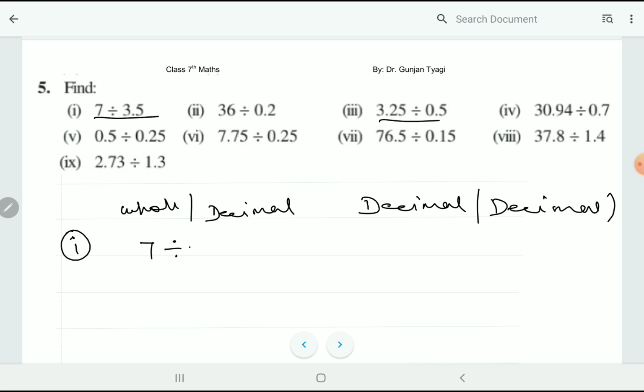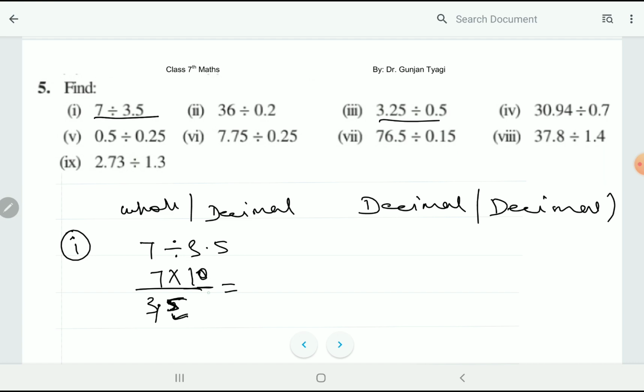7 divided by 3.5. First of all, write the question as a fraction, then remove the decimal by multiplying the numerator and denominator by 10 over 1. The number of zeros depends on the digits after the decimal, and as there is only one digit after the decimal, we will multiply by 10.